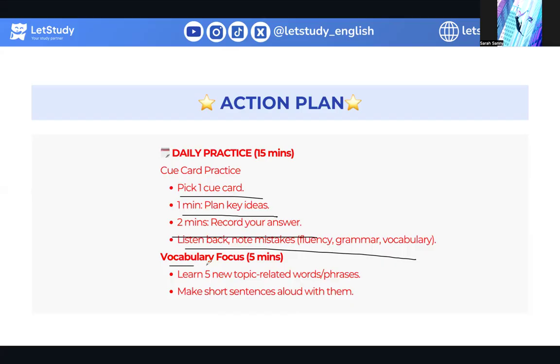And the second one is vocabulary focus, which is to learn 5 new words or phrases each day and make short sentences with them. You can speak these sentences, do public speaking with them, so you can hear how these words sound from your mouth, and make sure that the pronunciation is correct.